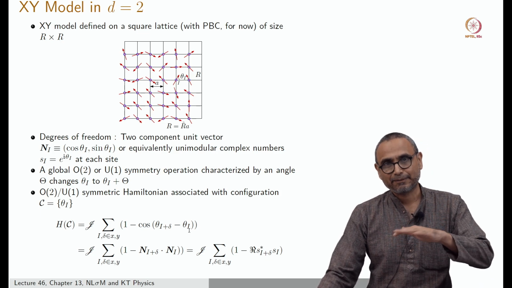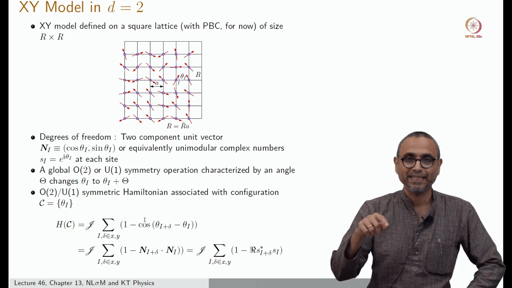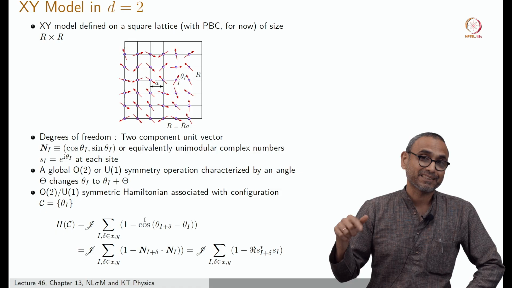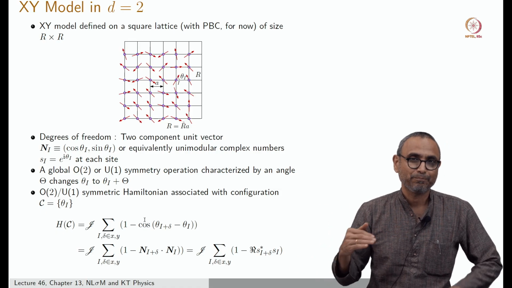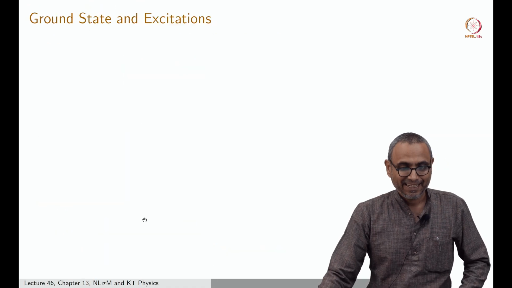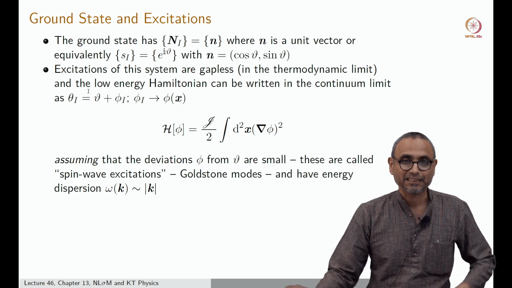If I make that small fluctuation approximation, this will become phi i plus delta minus phi i, and when I do 1 minus cosine, I will get something like half of phi i plus delta minus phi i whole squared, which when I go to the continuum limit will go to a gradient, and that is how I can write down this kind of energy functional for the small deviations.